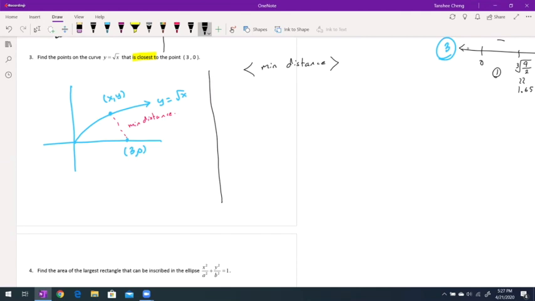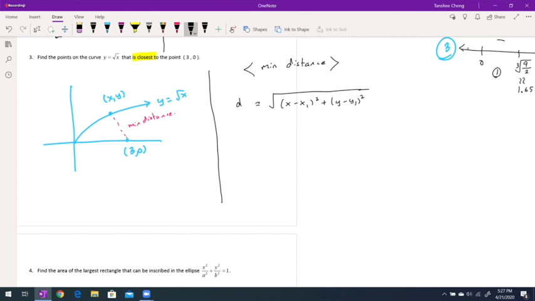The distance formula is D equals the square root of (x minus x sub 1) squared plus (y minus y sub 1) squared. This is the part I'm talking about: how do we write this distance in terms of a one variable function?